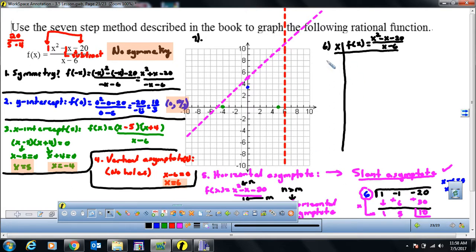So 5.5 is going to be my value, not negative, positive 5.5. And beyond this vertical asymptote, I need at least one point, so you can pick whichever one. Let's pick the number 8 or the number 9, whichever one. I'm going to pick 9 this time. I'm just going to pick one.